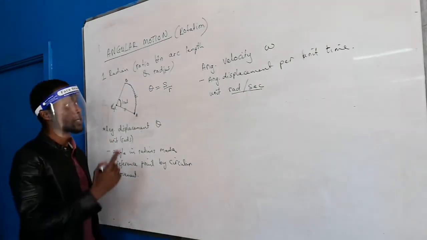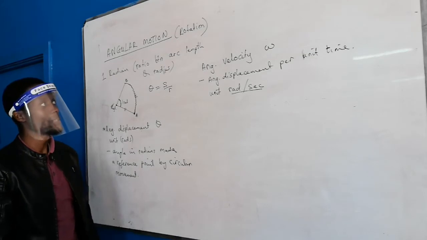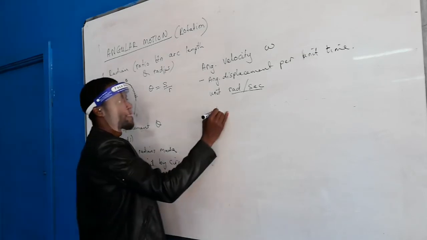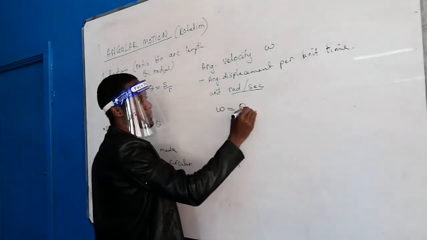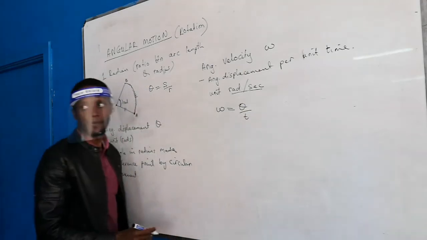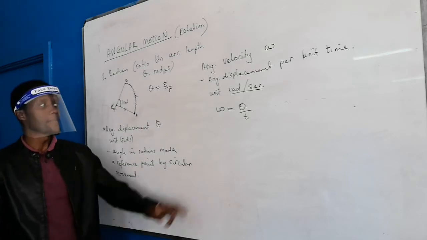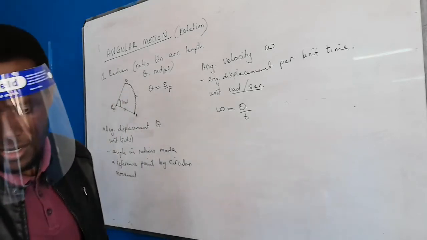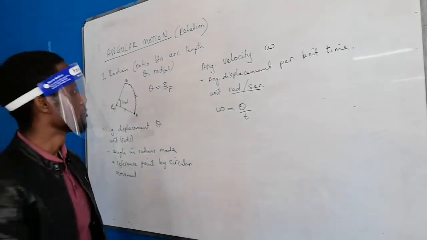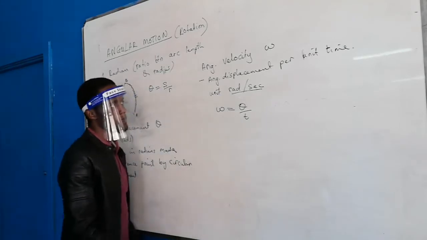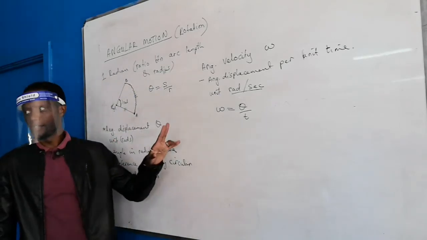Rads per second. You calculate angular velocity as displacement over time. Your time in seconds. If your time is in minutes, you guys know how to convert to seconds. Okay? And I believe this is where we ended.